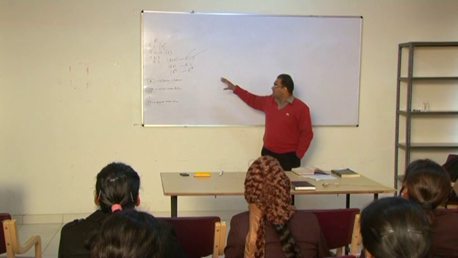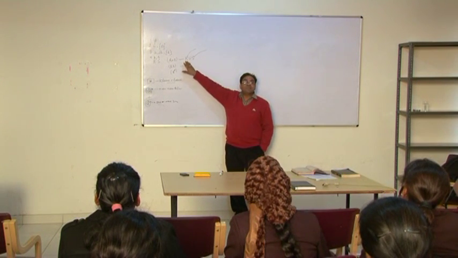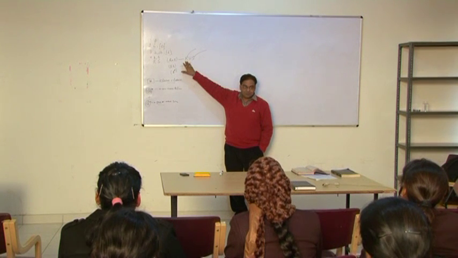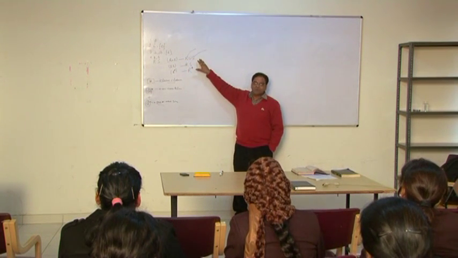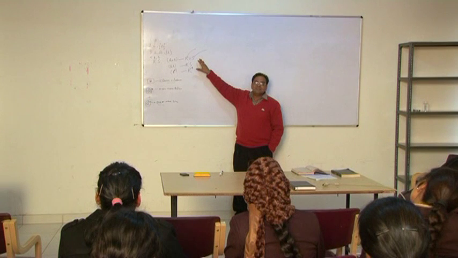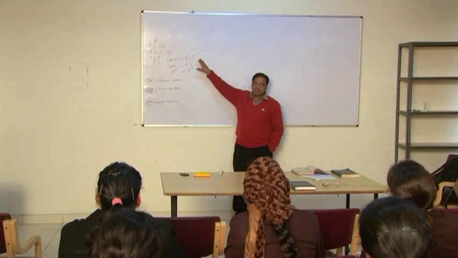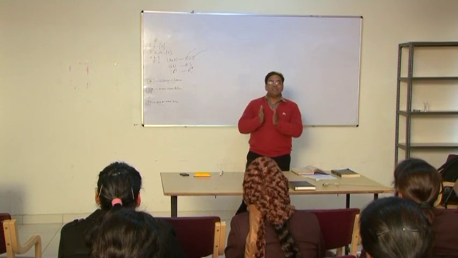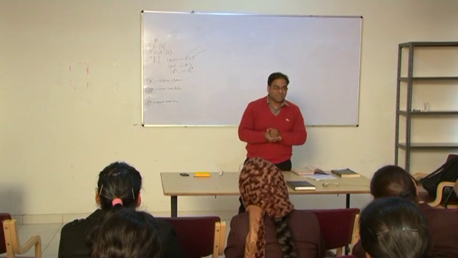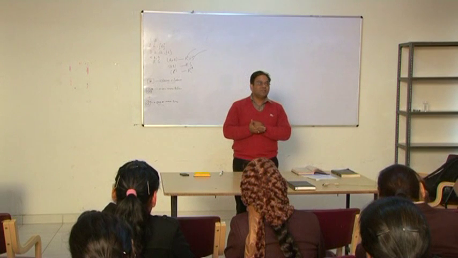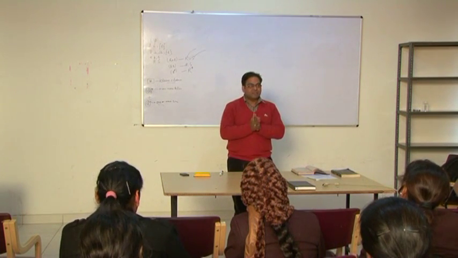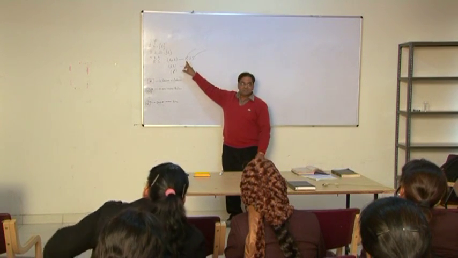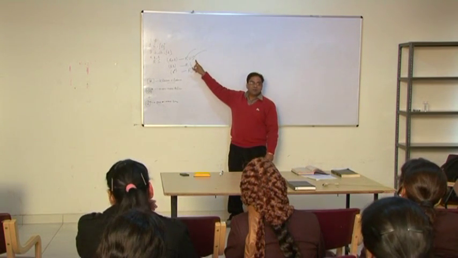And now R is representing some set of strings that are accepted by some finite automata, and S is some set of strings accepted by another finite automata. Now we say that R union S will give us the set of strings acceptable by the finite automata of this and the finite automata of this, right?